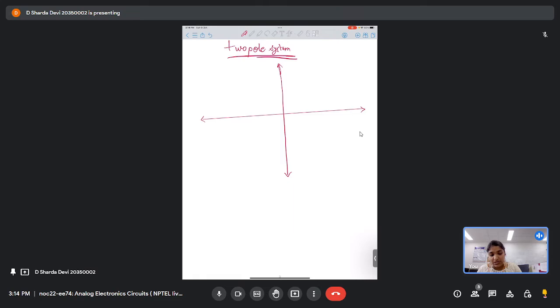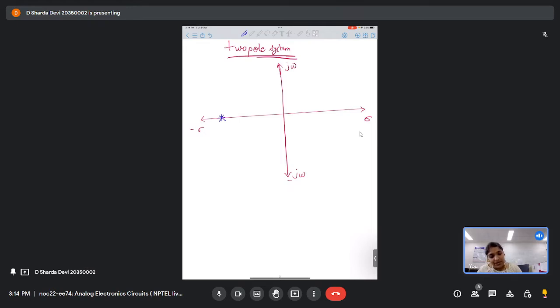So there is a possibility that both the poles are real, and they are in the negative side of your S plane, or towards negative sigma, and they are at the same location. This is one possibility.